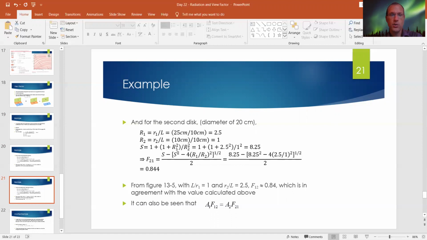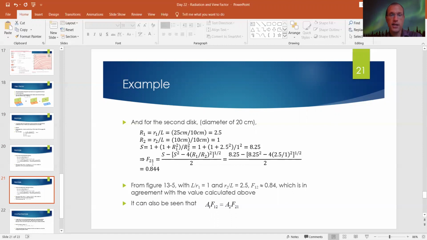So instead of being R2 squared on the top and R1 squared on the bottom, flip those two around. So the R1 and R2 values don't change, but the S value does change. And so I have 8.25 now, the S value.